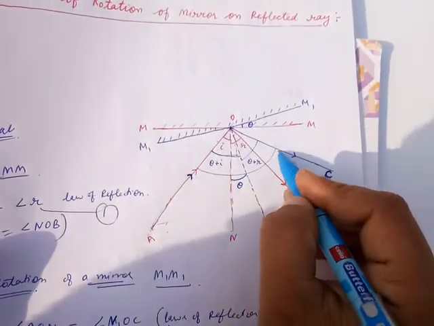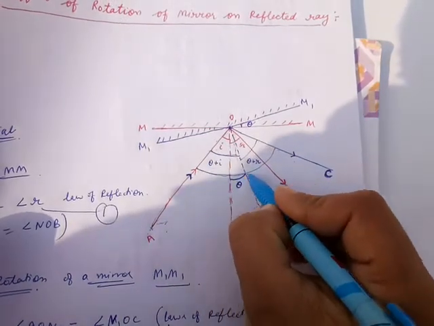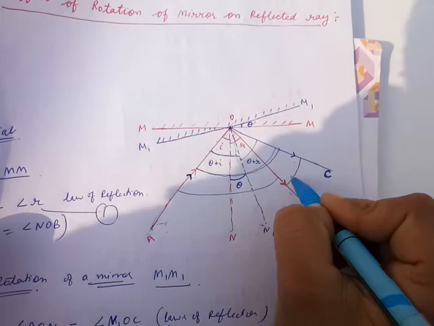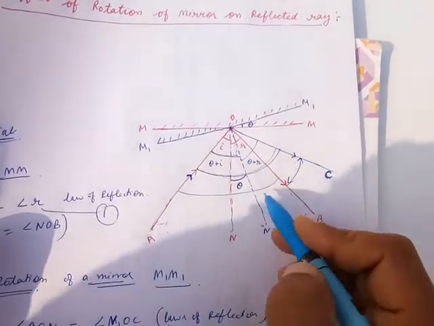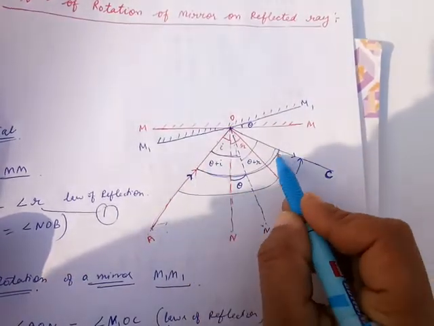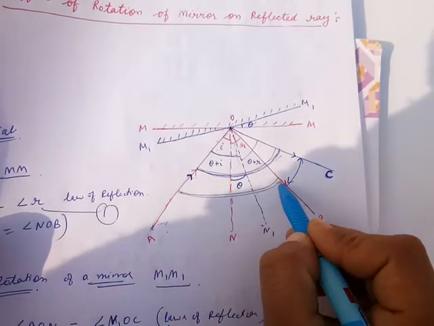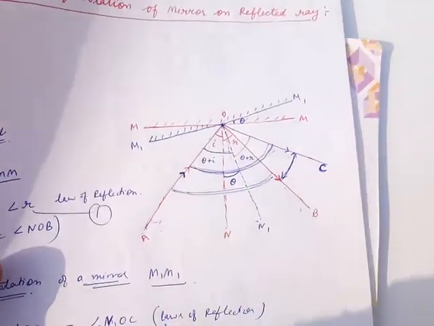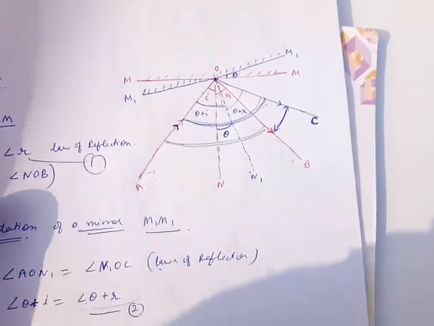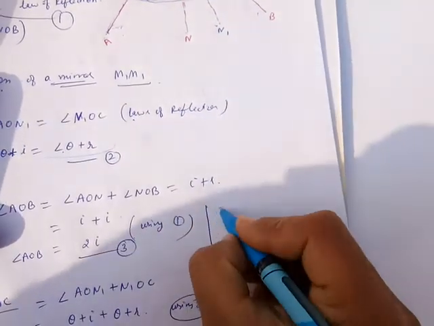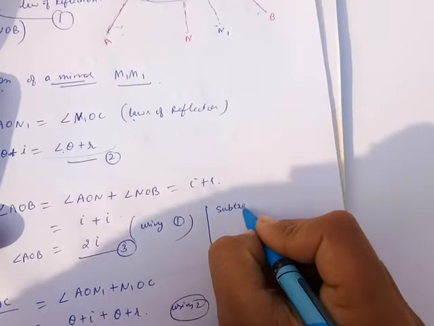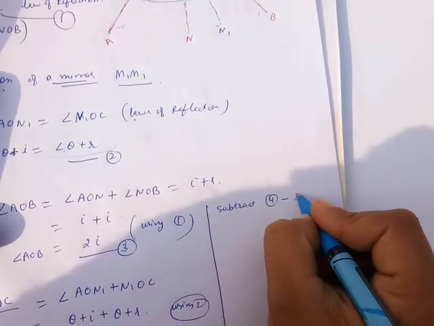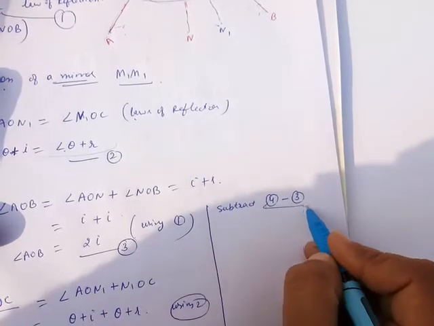We know the total angle and we know this part, and we want to find this angle, so we have to subtract. So you can write it as 4 minus 3.